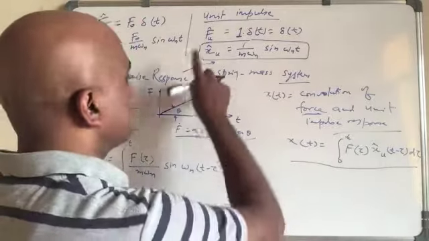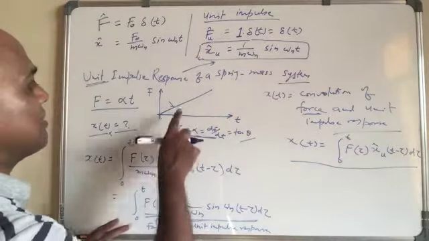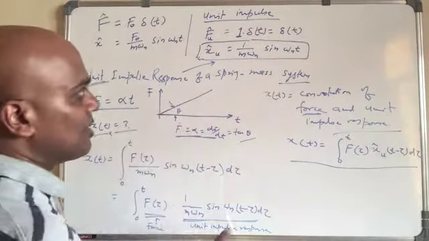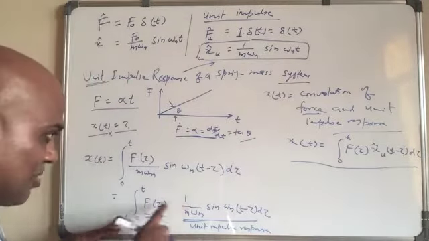The current system is a spring mass system, and we have to find the response because of F, which we can do by integrating.